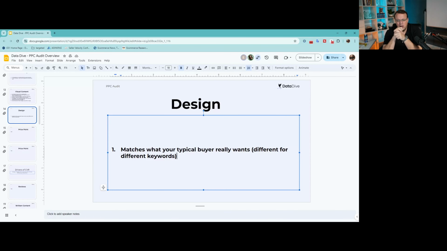So you need to make sure that your design that you have showing up matches for that keyword. You have to be able to steer your hero for different keywords. So a lot of people don't understand that the hero that shows up when you have multiple variations can be driven by you, right?